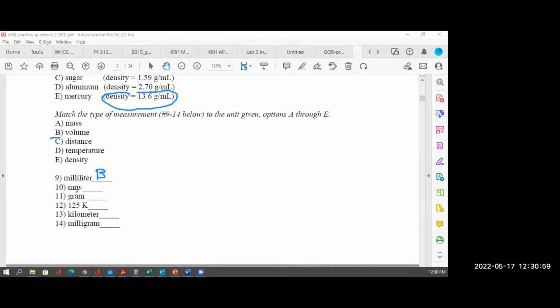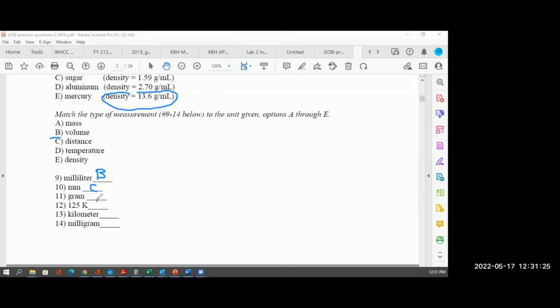What about millimeters? MM. Distance. What about grams? Density. Grams is density? Isn't density grams per milliliter? So would that be A?